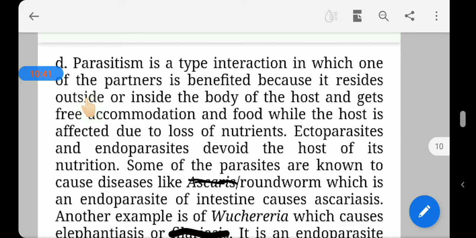Rather than this answer, you can also prefer the answer from your textbook, on page number 32, which I have marked while we were learning this chapter. I have given the markings on page number 32, the last paragraph.